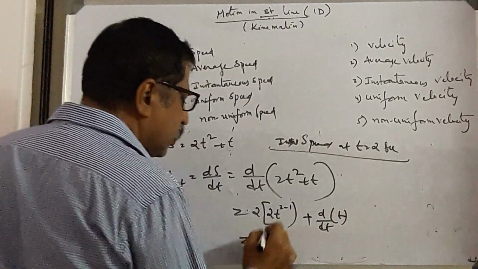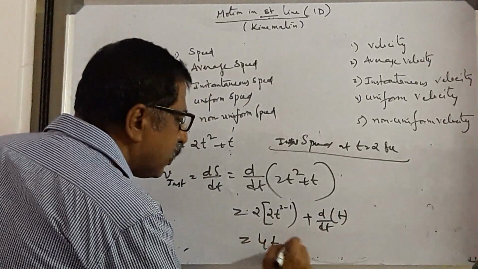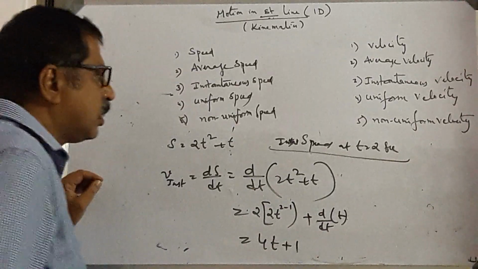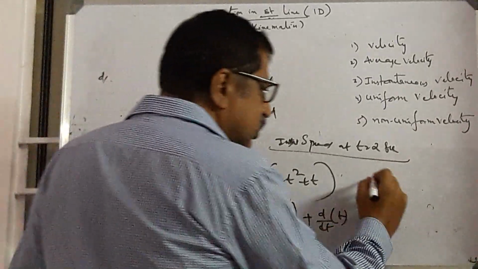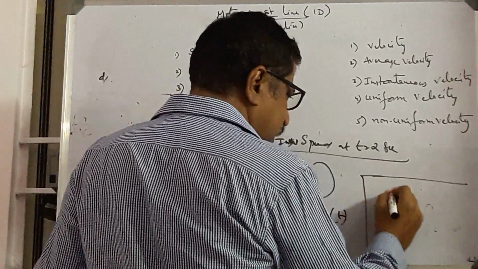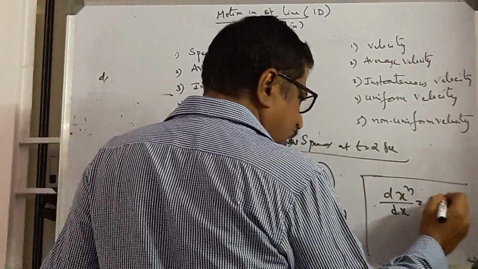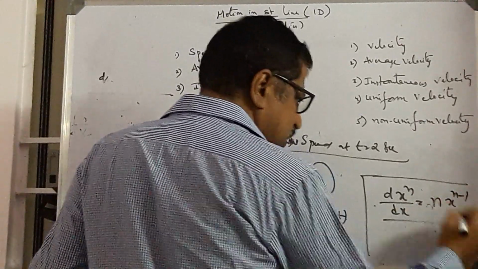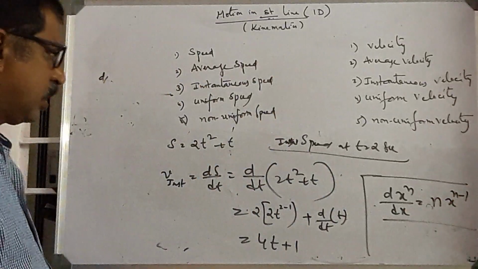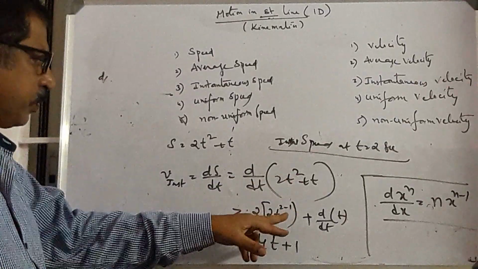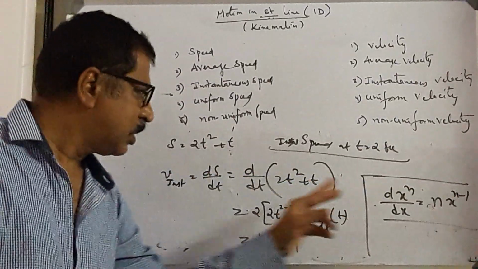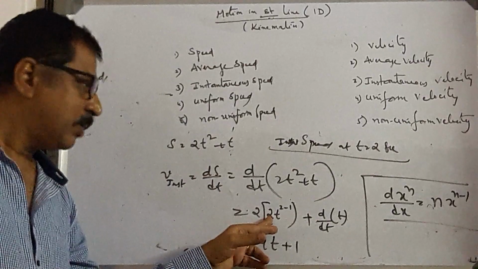It is equal to 4t plus 1. Here we use the differentiation formula: d of x to the power of n by dx is equal to n x to the power of n minus 1. This formula here we use. Here the power of t square is 2, that means 2 minus 1, n minus 1. The power comes to the front of this t.